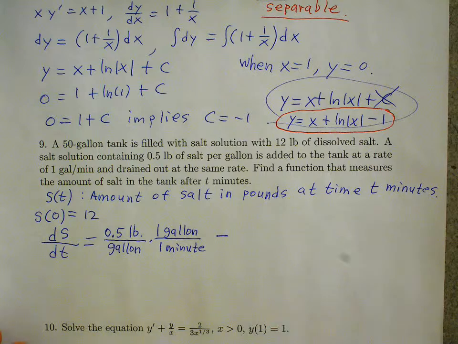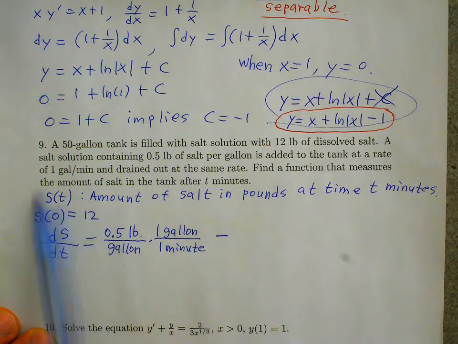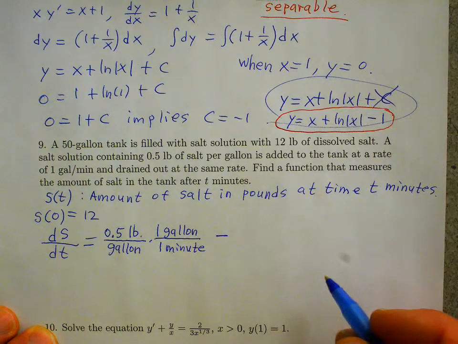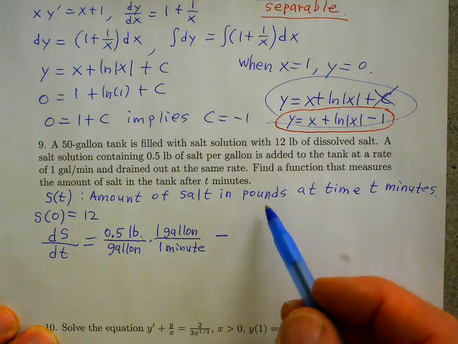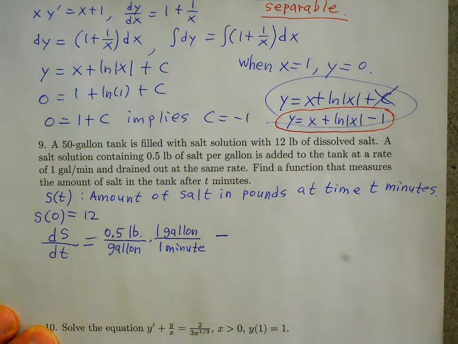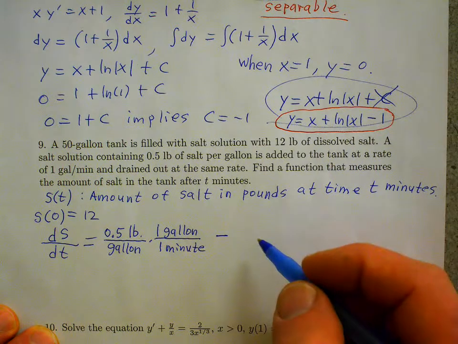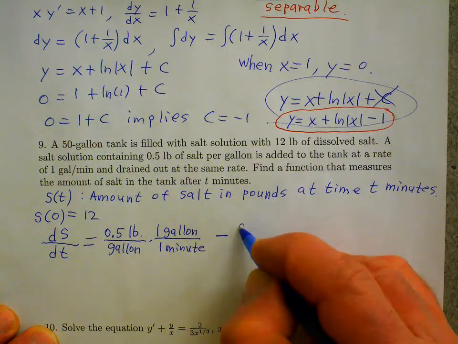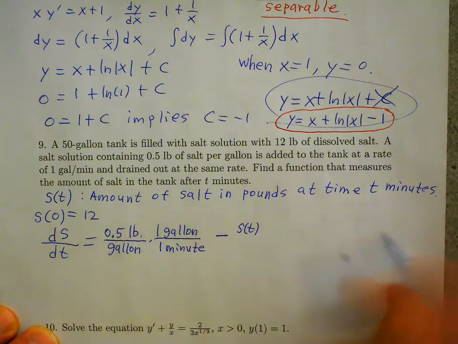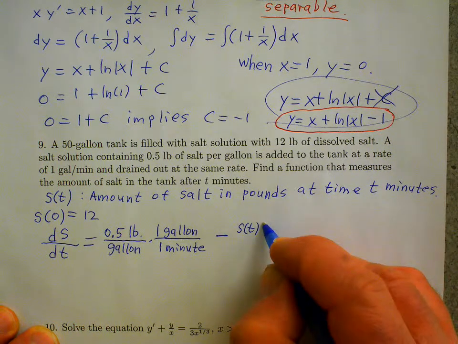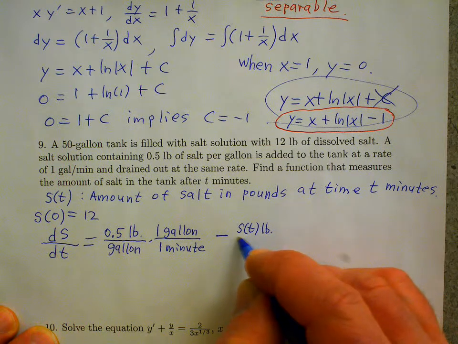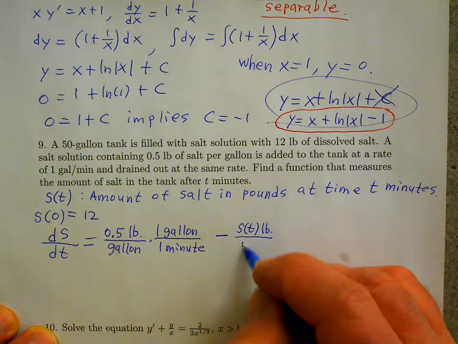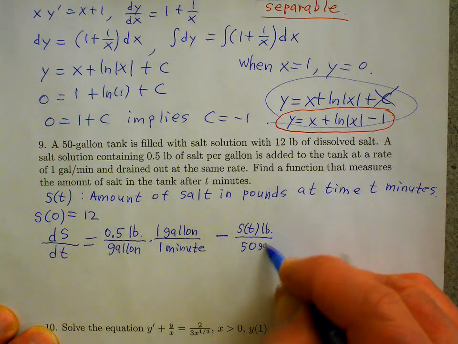Yeah, so at time t, S of t represents the amount of salt in the tank at time t. And so the decimal form of the percent of salt at time t is S of t divided by 50. So S of t, this is the pounds of salt divided by 50 gallons.